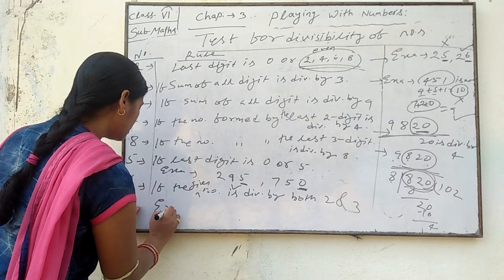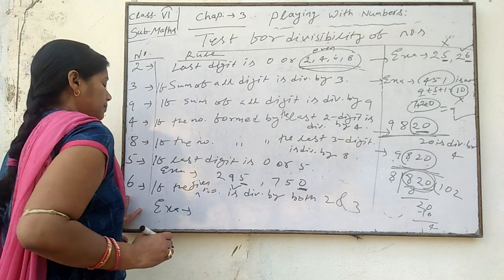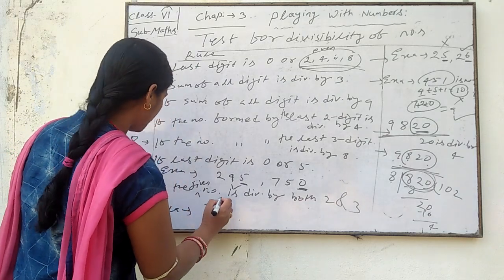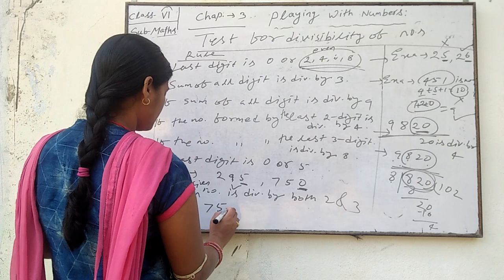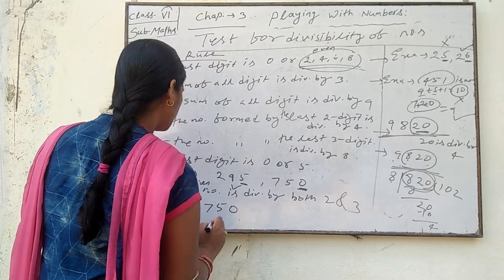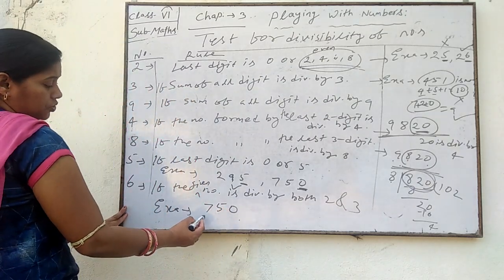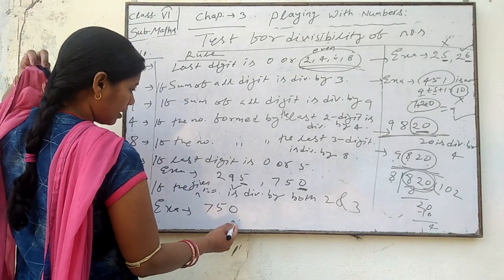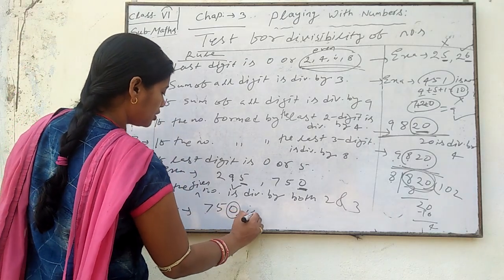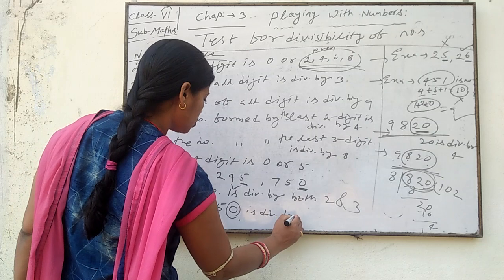For example, 750. Your last digit is 0, so it is divisible by 2.